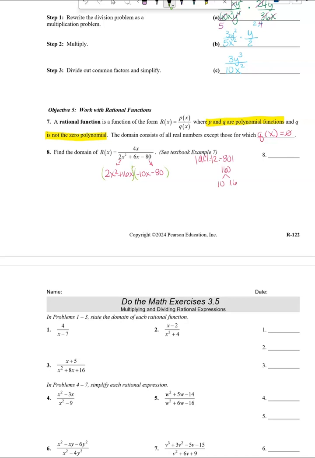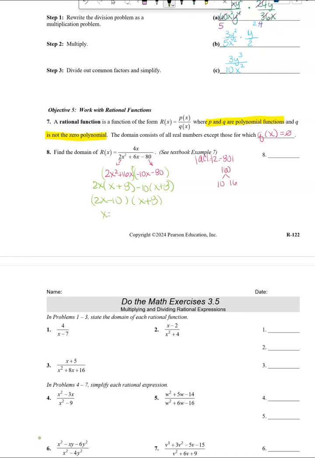The greatest common factor from here is going to be 2x. And then from here we can factor out a negative 10, x plus 8. So we have 2x minus 10, x plus 8.